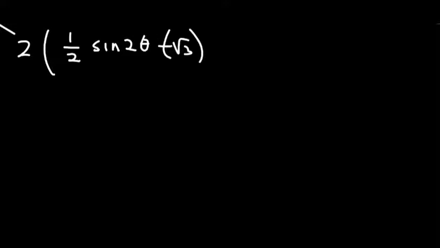So this is equal to half multiplied by sine 2 theta, and then in brackets we've got root of 3 minus cos 2 theta, in brackets like that.